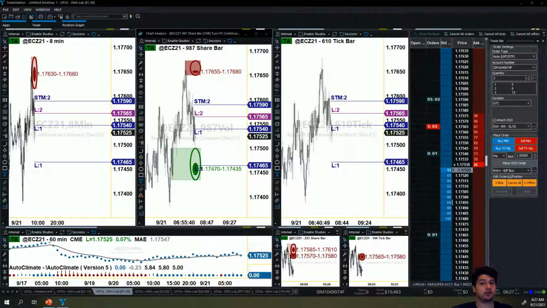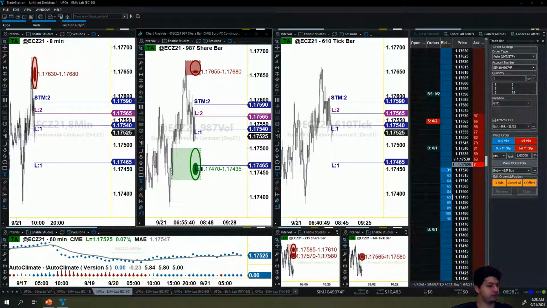We are 3 minutes away from the open. We have a couple of trades on. All right, here we go.